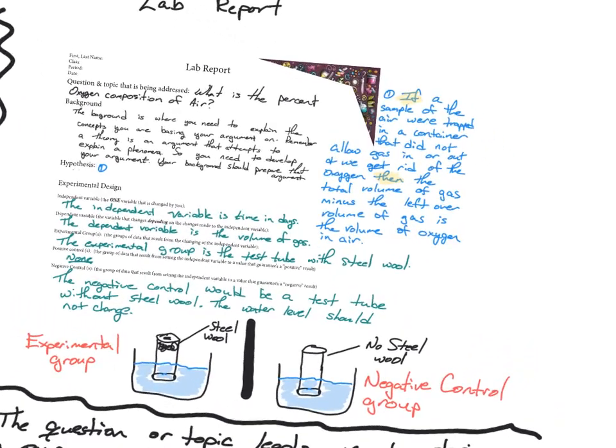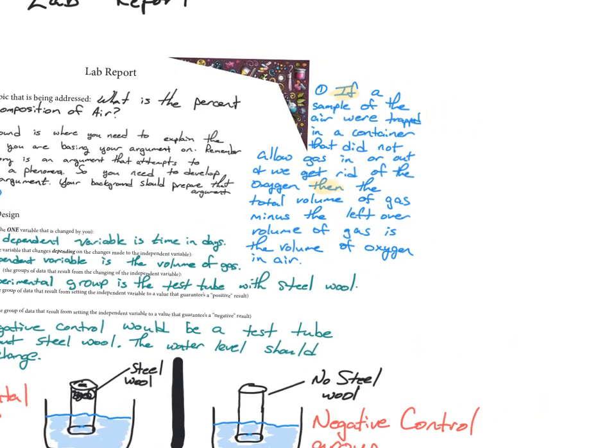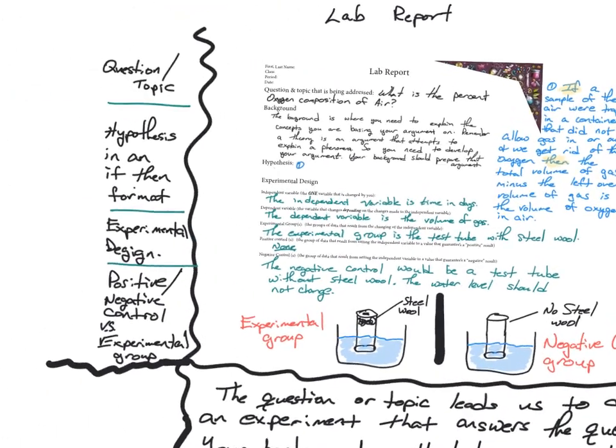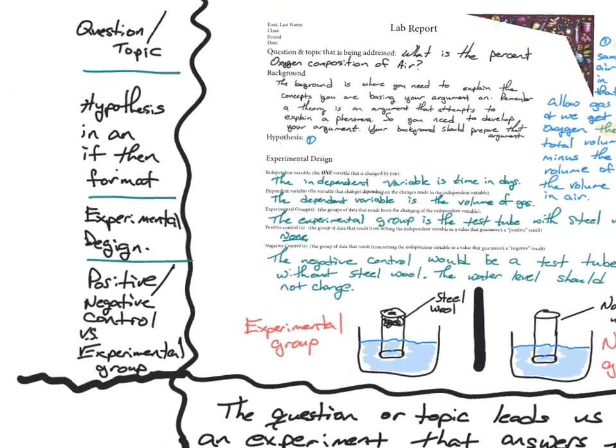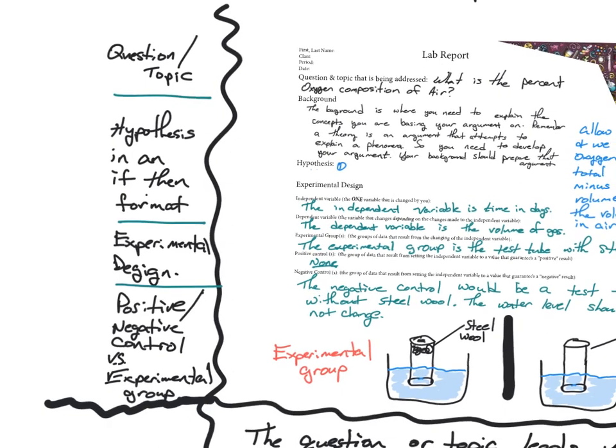You can test it, because if it does happen the way we think it does, then something we're predicting is going to occur. If this does not occur, then the opposite's also true. This can't be true. So if this is true, then this must happen. If this doesn't happen, then this is not true. So that's an if-then statement. Hypotheses are often written that way because it makes for a really nicely testable format.